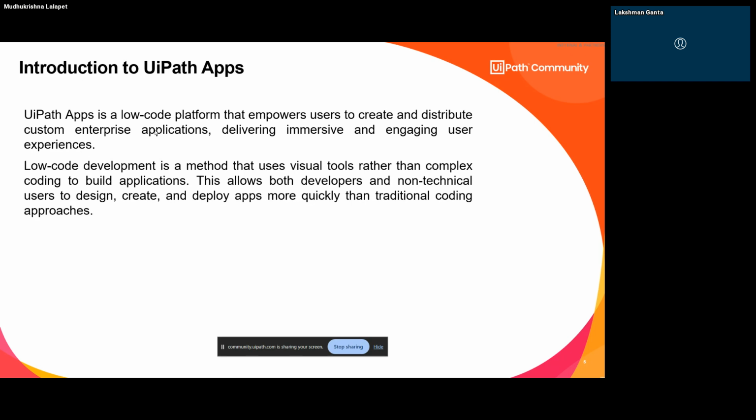UiPath Apps comes under the presentation layer, so it helps us create dynamic web apps. We can also easily integrate with different UiPath products, like integration services and UiPath Orchestrator. Whatever process we have published, we can easily run it.